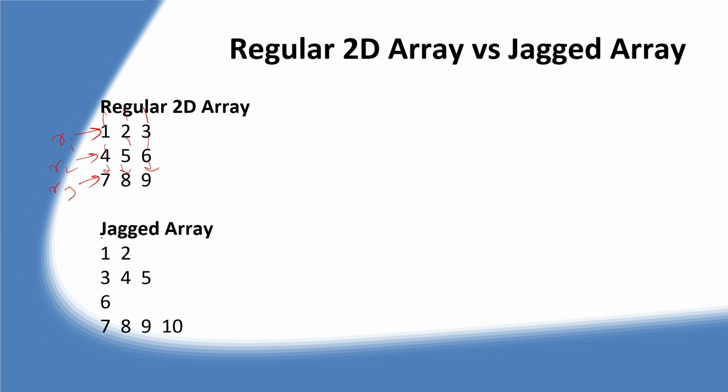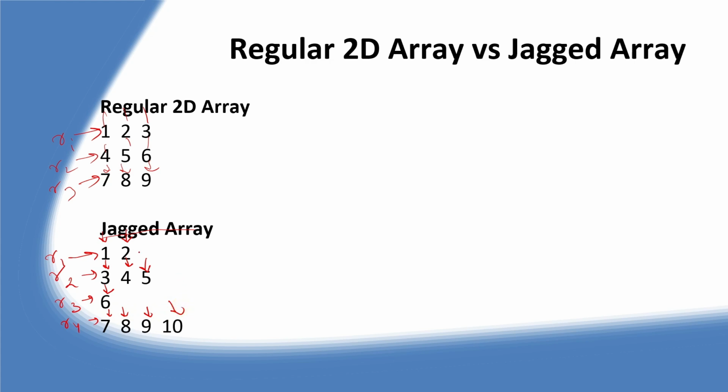Whereas in the jagged array, this is row 1, and we have only 2 columns. In row 2 we have 3 columns. In row 3 we have only 1 column. For row 4 we have 1, 2, 3, 4.